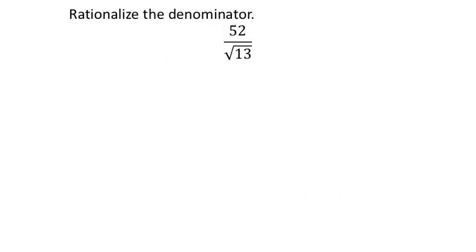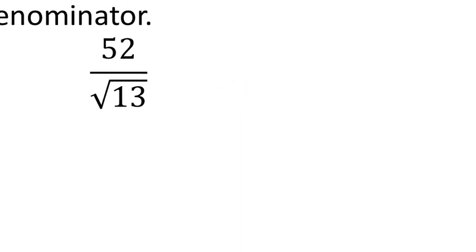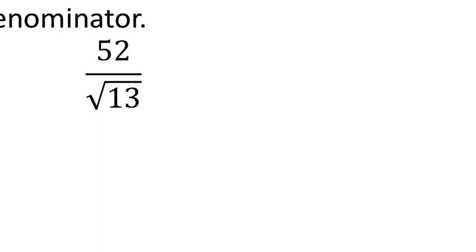So rationalize the denominator, no problem. What I need here is not a square root, right? In the denominator specifically. I do not want a square root in the denominator. Now this 13 is kind of a weird number, right? Prime. I don't know if that makes it pretty, but what I would like to do is to get that denominator to not be a square root.